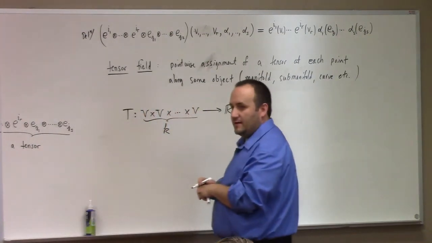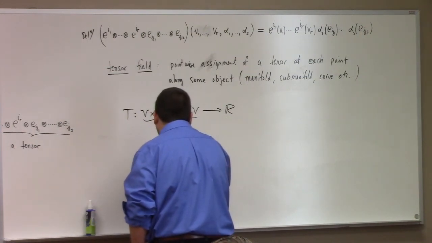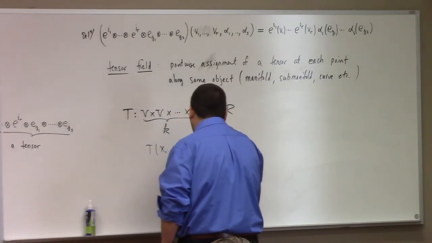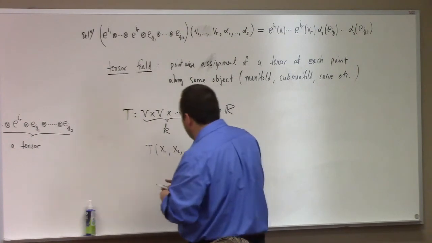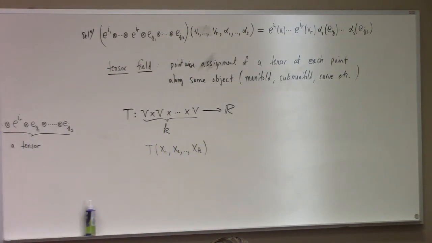All right, and if we have T of, say, x1, x2, through xk, I'm using x for a vector all of a sudden. Let me at least be consistent, because I'm using x for a chart here. That's bad. Let me not do that.